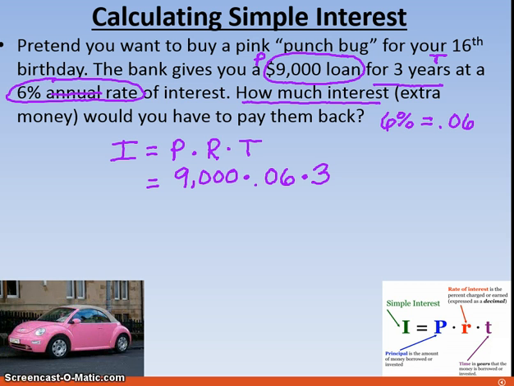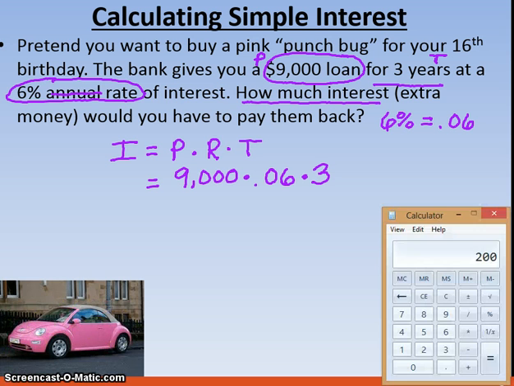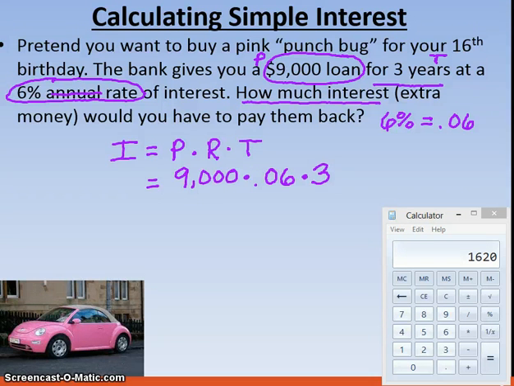Pull up our calculator to do that calculation. Take 9,000 times, the 9,000 was our principal, times 0.06, which is our rate of interest, times 3, because that's how many years we're going to borrow it, and that gives us 1,620. So if you are going to buy this pink punch bug with this type of loan, your interest, the amount of extra money that you have to pay the bank, equals $1,620.